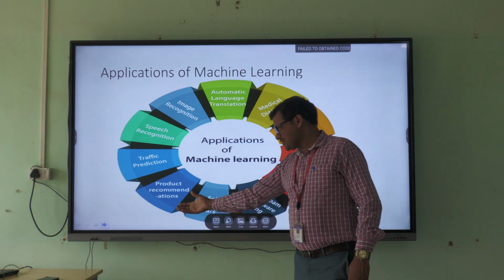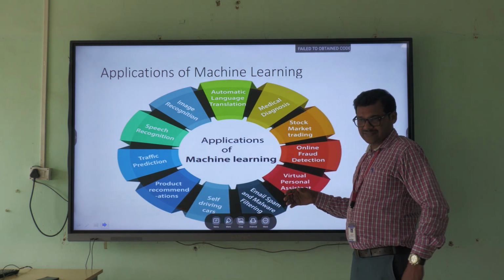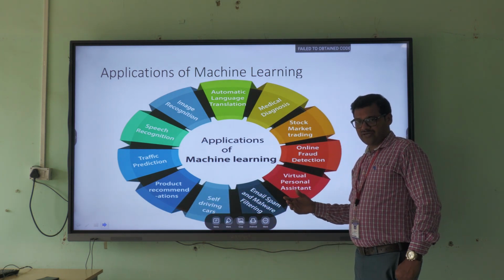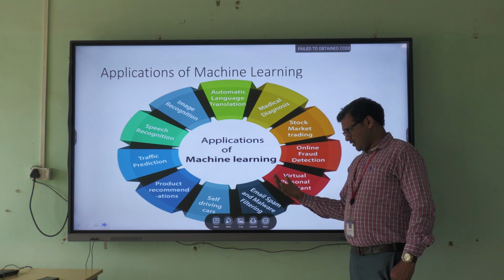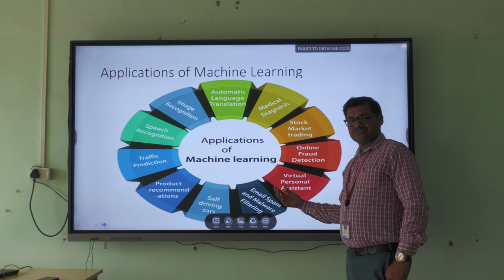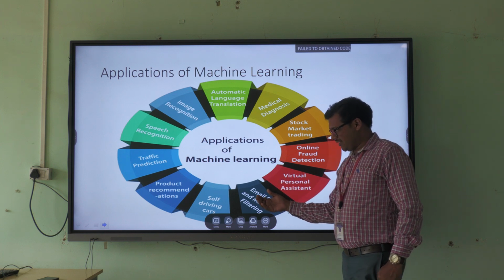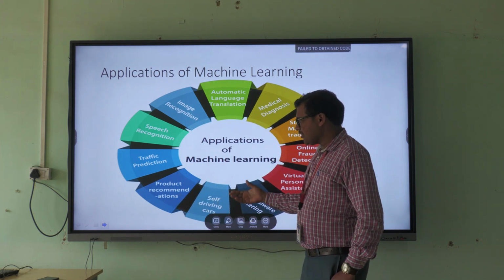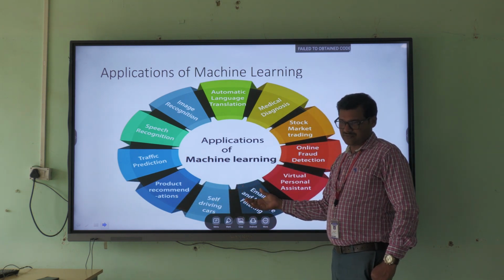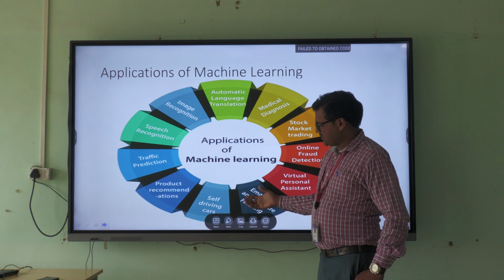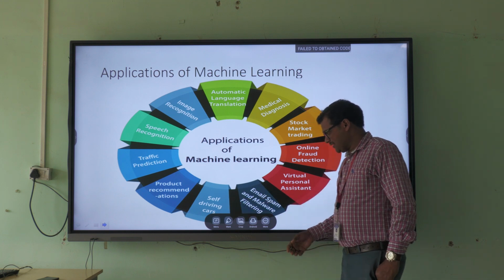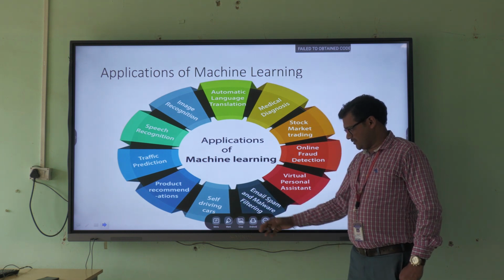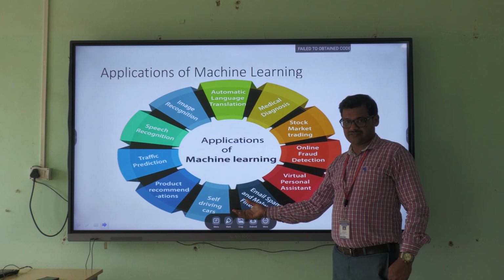Product recommendations: all the e-commerce sites are using product recommendation. When we want to purchase some products on e-commerce websites, they provide recommendations for us. If we look for certain products, it will list all the possible products with those features. So there are many applications. Another example is self-driving cars, which are called autonomous vehicles.